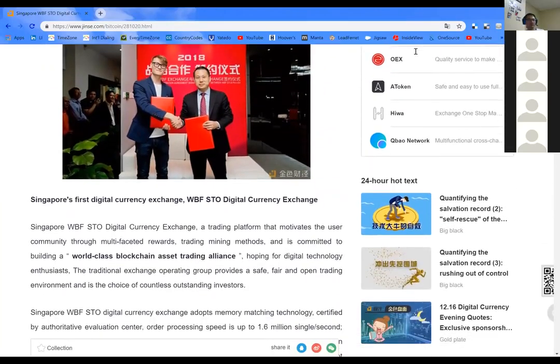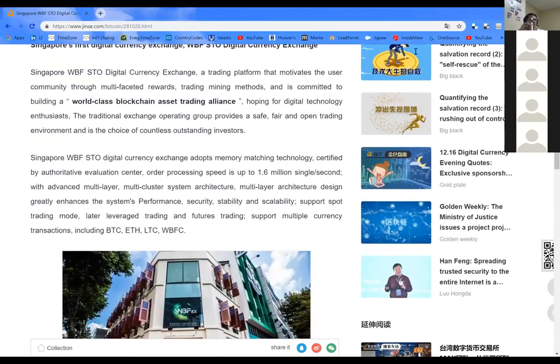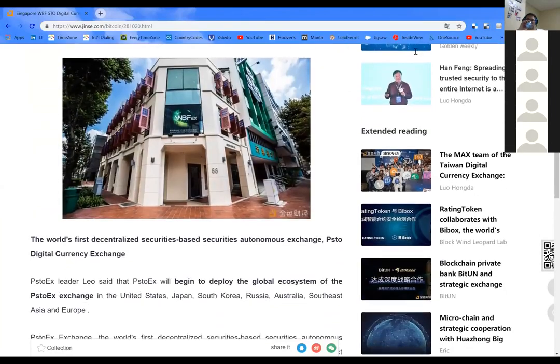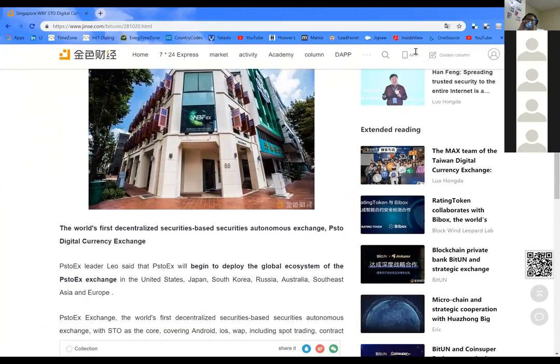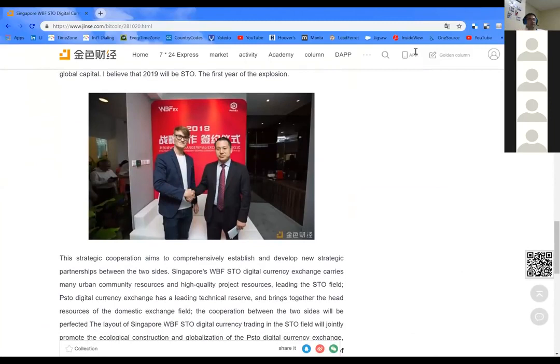And it's important to point out from this article the fact that when they signed this agreement, they did it in front of government officials. They did it in front of the Bar Association. They did it in front of the Association of Public Chartered Accountants.